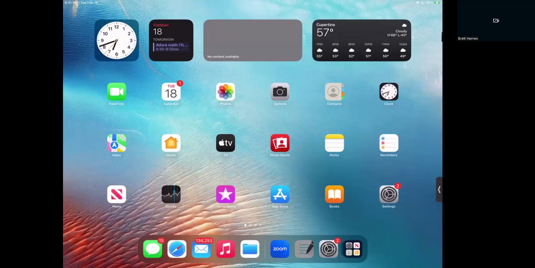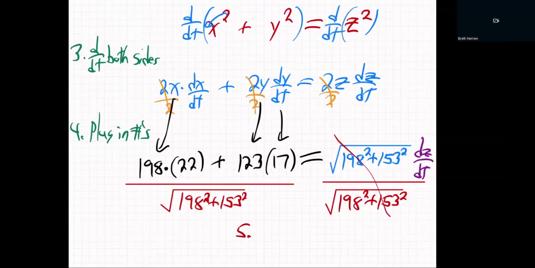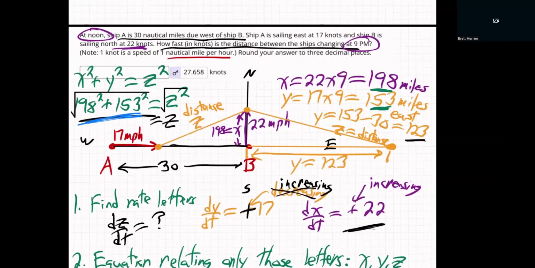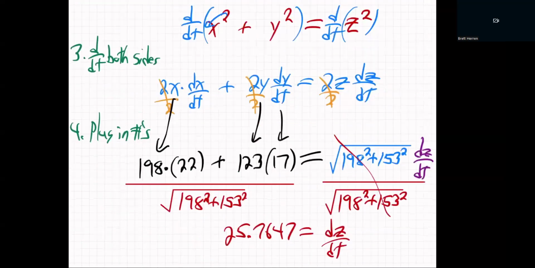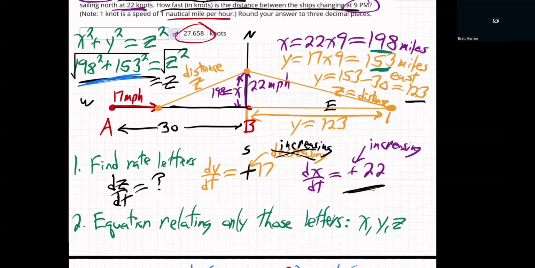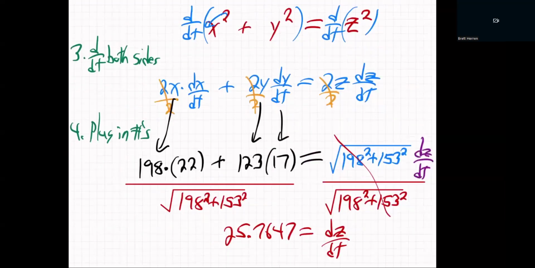So dz/dt is 25.7647. And we got a different answer. That's disappointing. After all that work. Shoot. Did we make a small mistake? 198, 153.